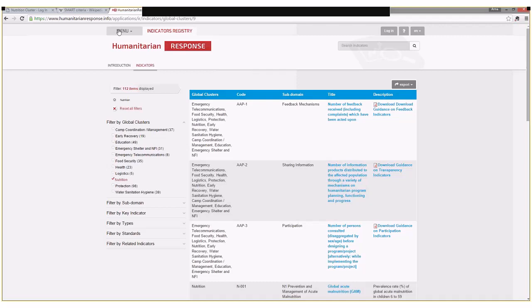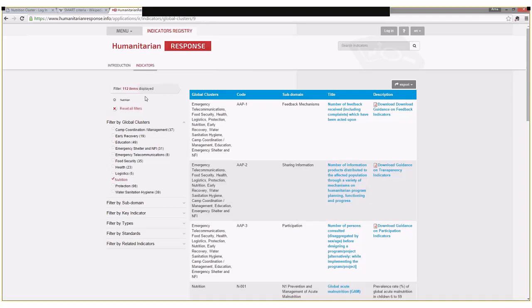Okay. Do you see the indicators registry? I hope. Good. So it's already filtered by the nutrition cluster indicators, and you see you have 112 indicators for the nutrition.